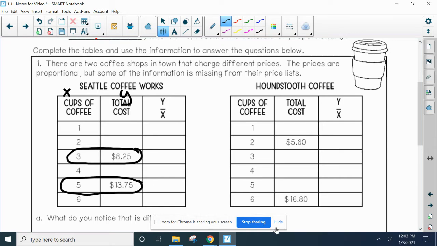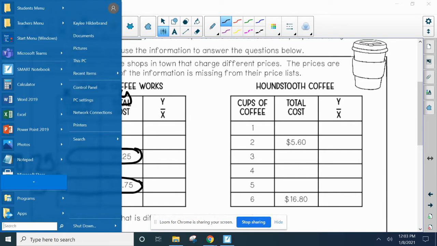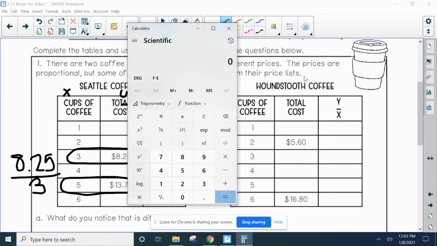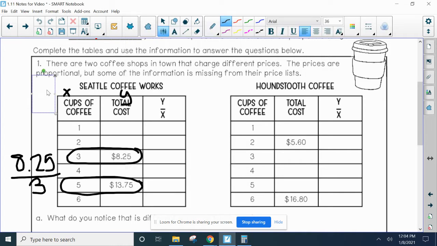So what we can do is pick either of them to figure out our y over our x. Our y over our x here is going to be 825 divided by 3. Because we already know our process, we're just going to plug it in our calculator because we want to know what our y divided by our x is, and that's going to be 275.